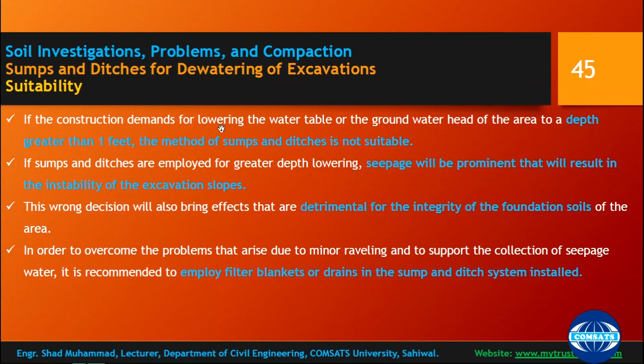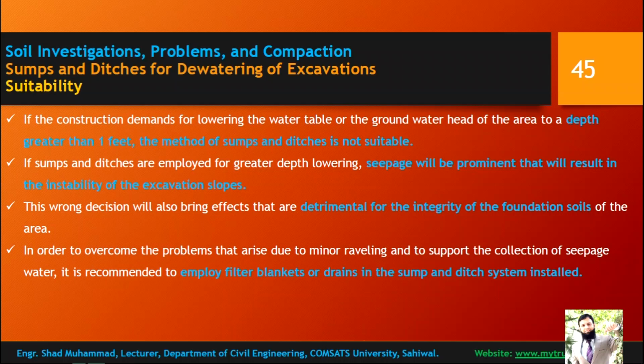Suitability of sump and ditches. If the construction demands lowering the water table or the groundwater head of the area to a depth greater than 1 feet, the method of sump and ditches is not suitable. So lowering the water table greater than 1 feet is not possible with sump and ditches.